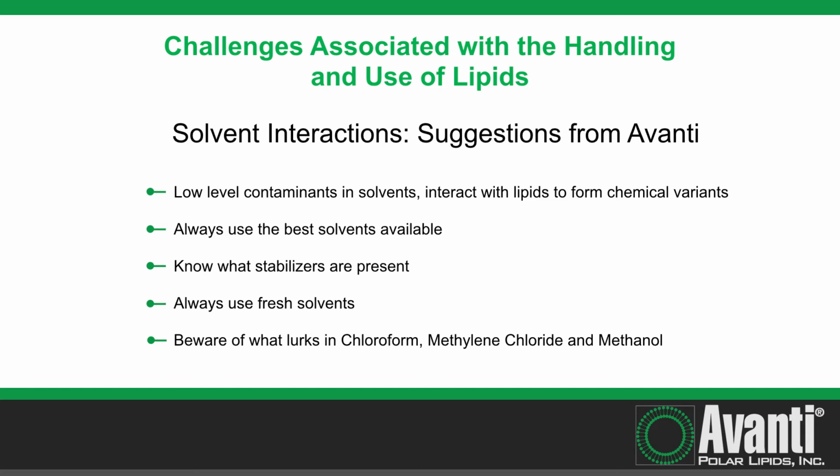And this sort of feature we'll talk about a little bit because of the presence of some stabilizers, which you may think just add impurities, but in fact are really critically important. The other thing is you always want to use fresh solvents. The problems we get with solvents often appear with storage of solvents, exposure to light, for example, and so minimizing that by using just fresh solvents is really quite important. I'm going to specifically talk about the problems which lurk in chloroform, methylene chloride, and methanol.